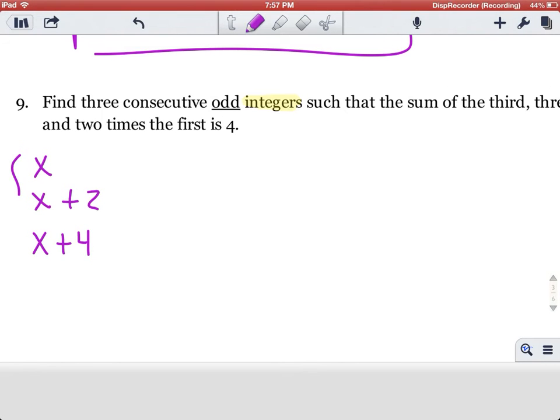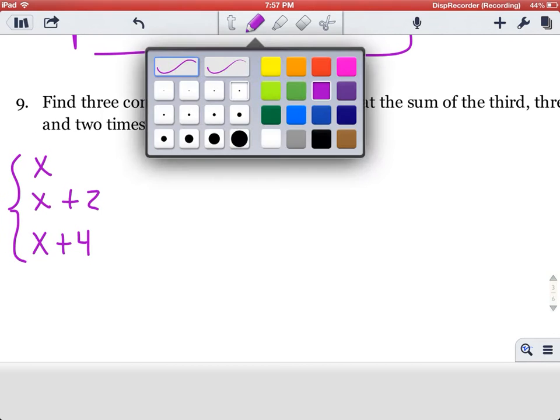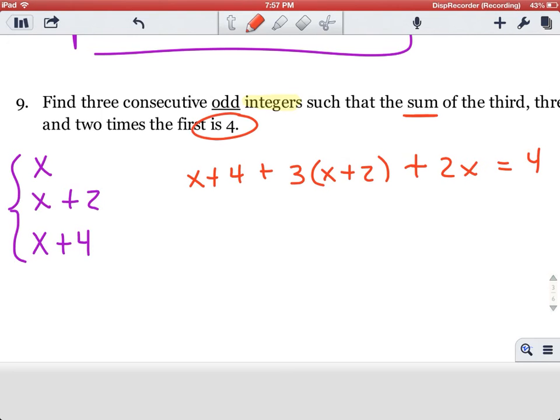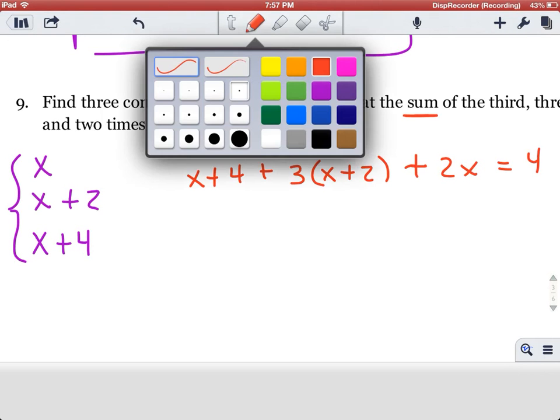So this is the setup for 3 consecutive odd, and then it tells you what to do. We're going to add a bunch of things up. We're going to add the third one, 3 times the second one, and twice the first one. If you do all that, you should get 4.